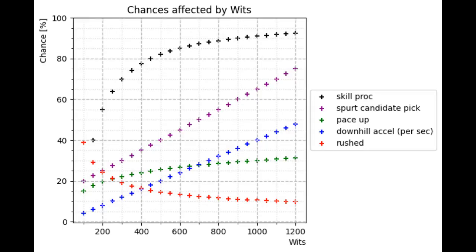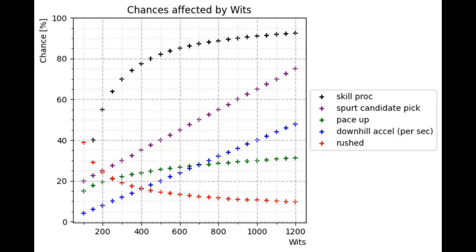If that fails, the next best solution has a 65% of being chosen, and if that fails too, another 65% for the third best option, etc., etc. A 200 wit horse instead has a 25% chance to pick each solution she is presented with.